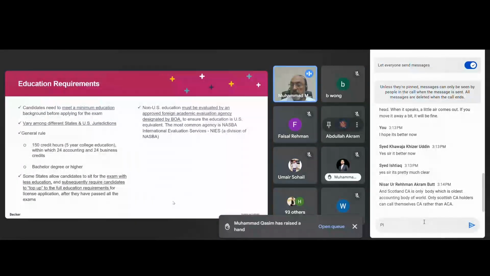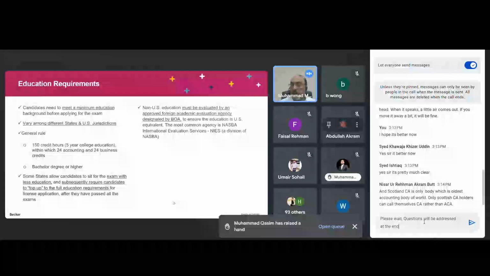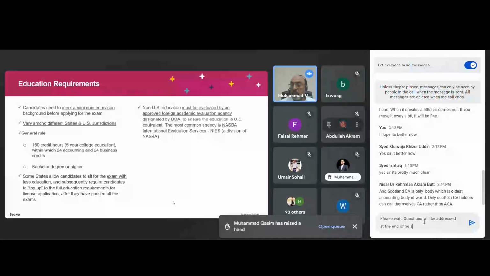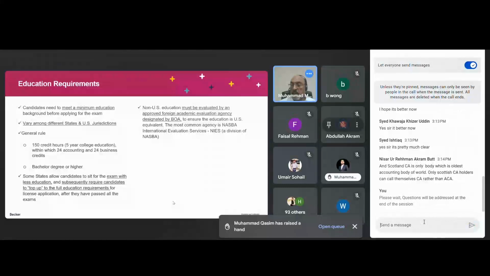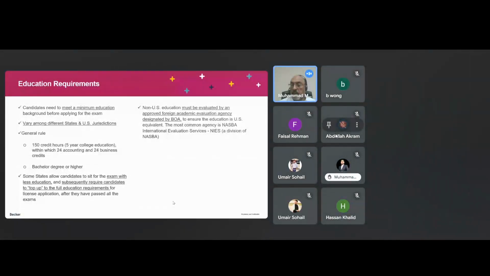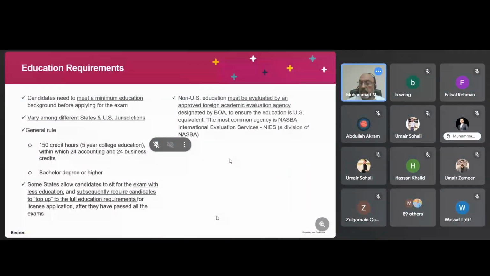Selection of state is very important. But the agreement is that a CPA is good enough. A CPA passing exam is valid in every state. So if you are going for a job within the US, or you're going to work outside the US, it's not important which state's CPA designation you hold.